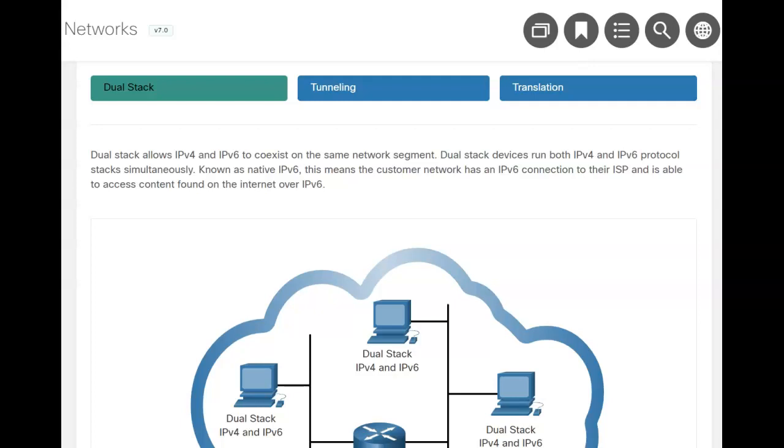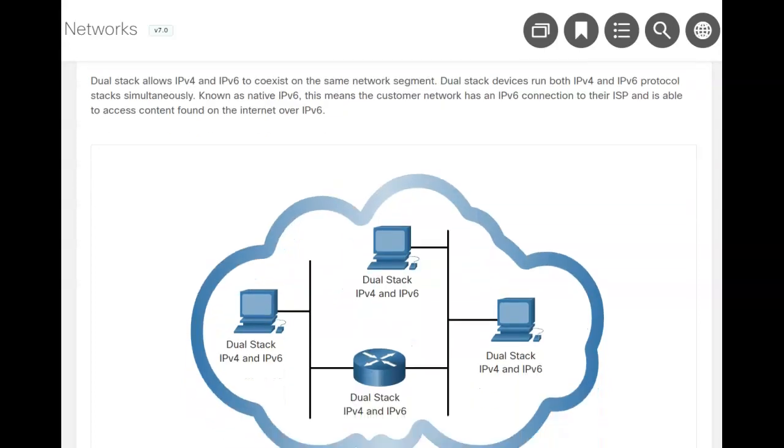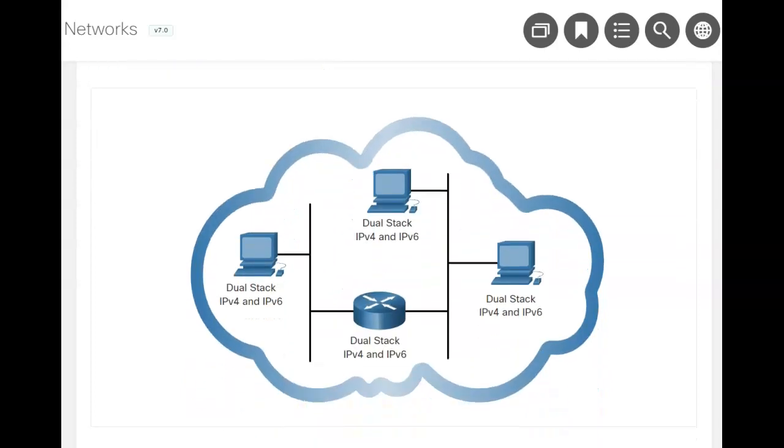So when you get to that network interface card and check the properties, most of them will have addresses assigned to both, or DHCP assigns an address to both. So basically dual stack says I'm running both stacks simultaneously, all the time.